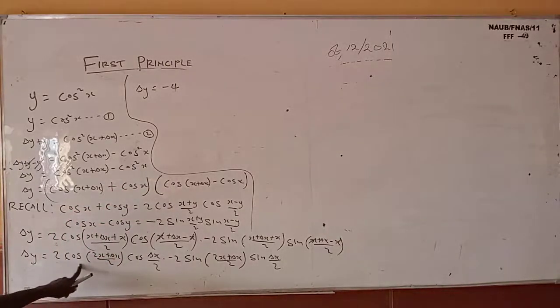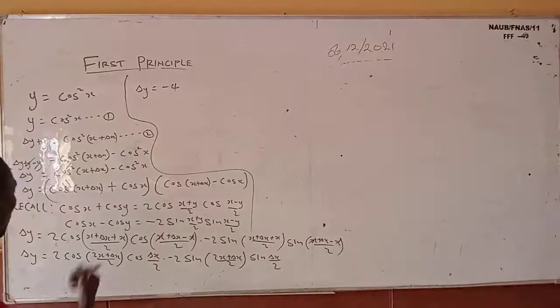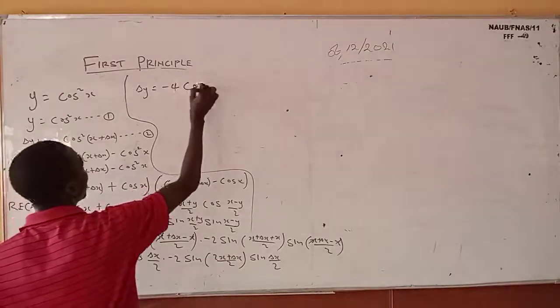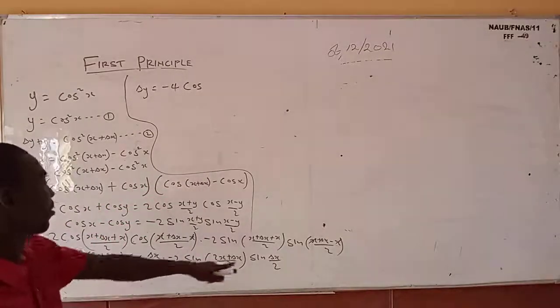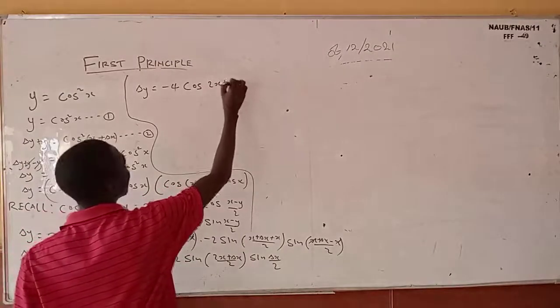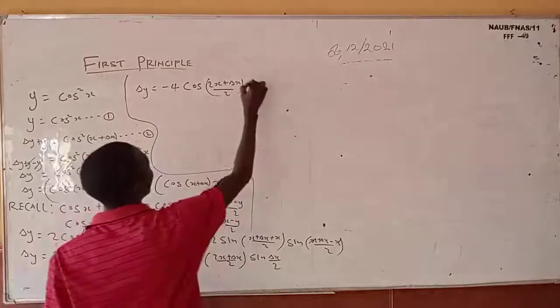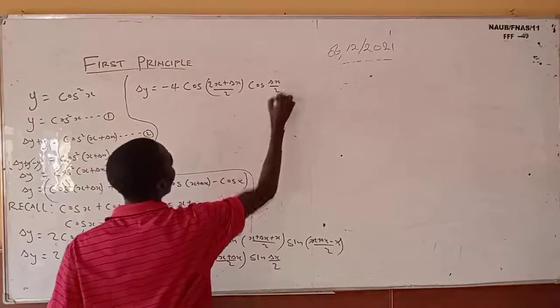Can you multiply cos this with cos this? No, because they have different values here, similarly with this. So we just rewrite them back. But don't forget, everything here is in multiplication. So now cos of 2x plus change in x over 2, then we have cos of change in x over 2.